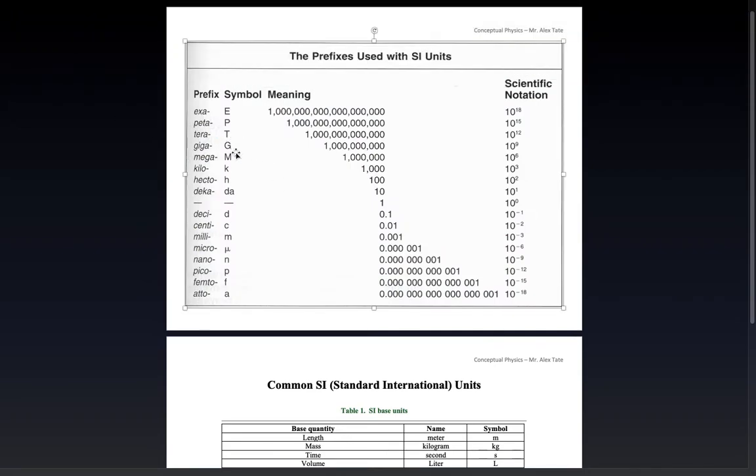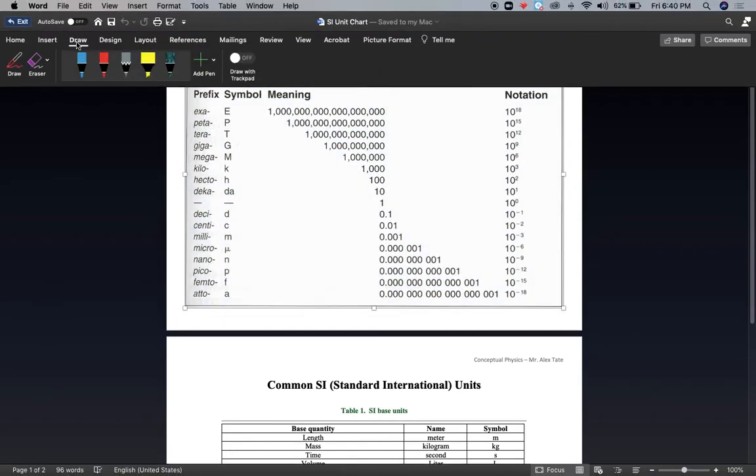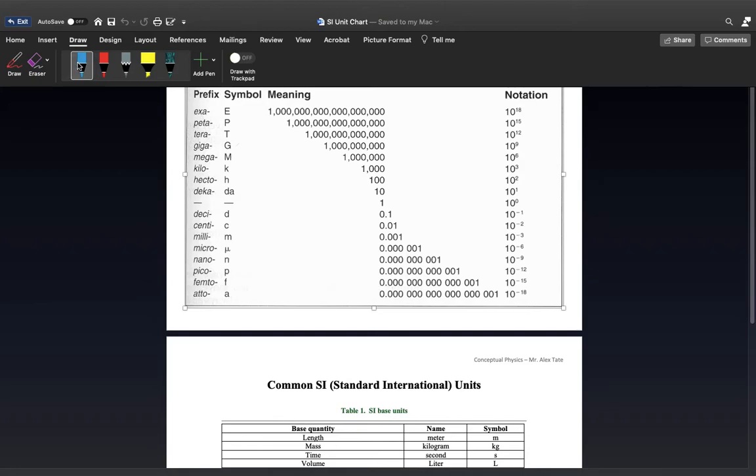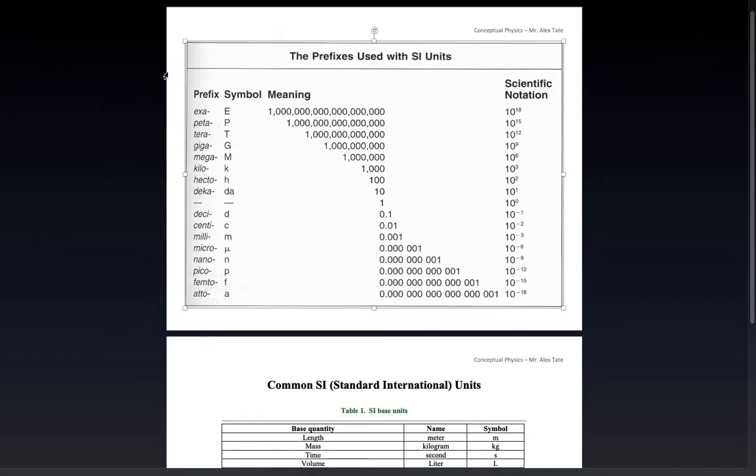I want to look at the prefix centi. My prefix centi is making sure that I can check how many SI units I have.